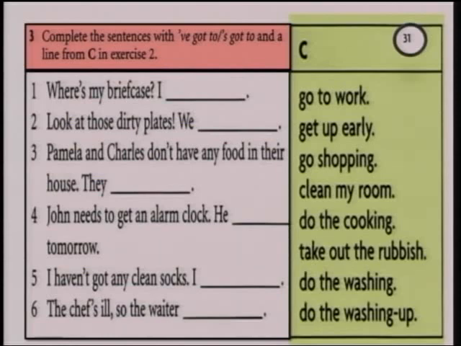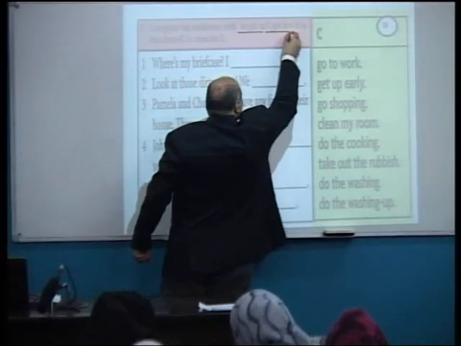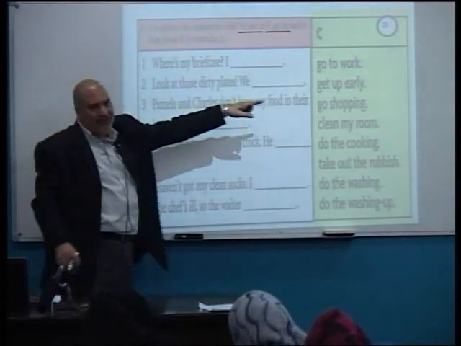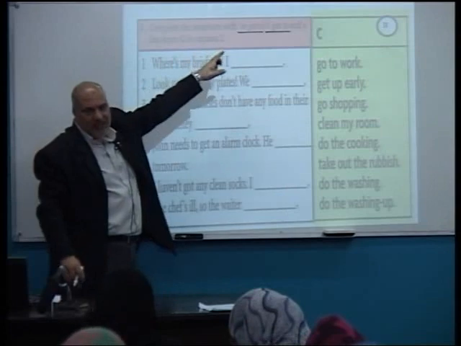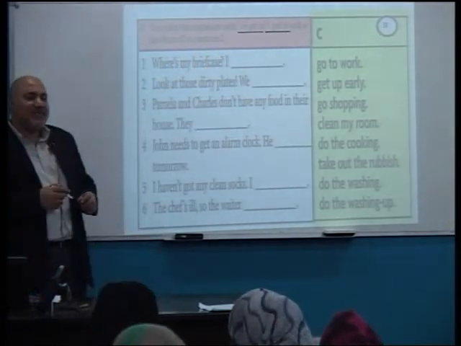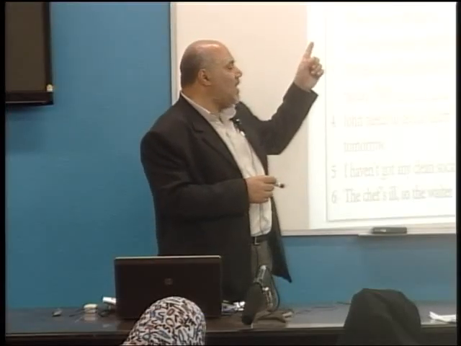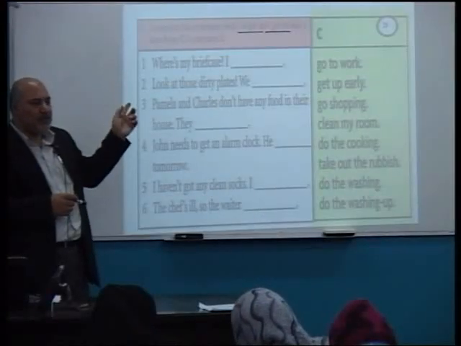But here we have a new exercise with C. Now, complete the sentences with have got to or has got to, and a line from C, from exercise 2. So, at first, I want you to choose either has got to or have got to.